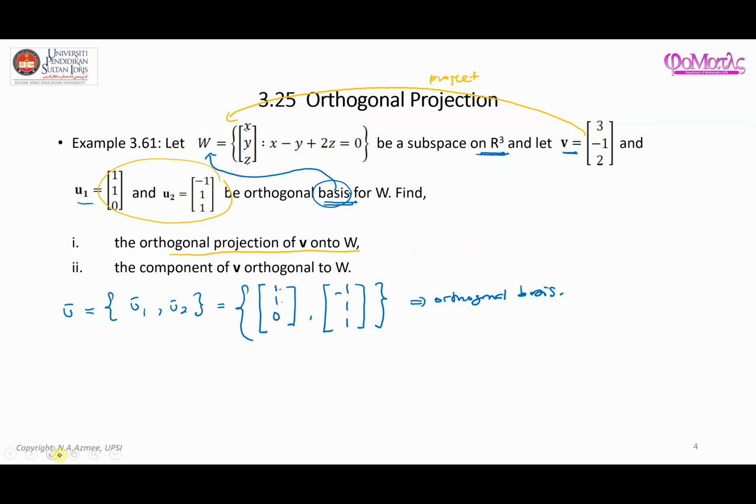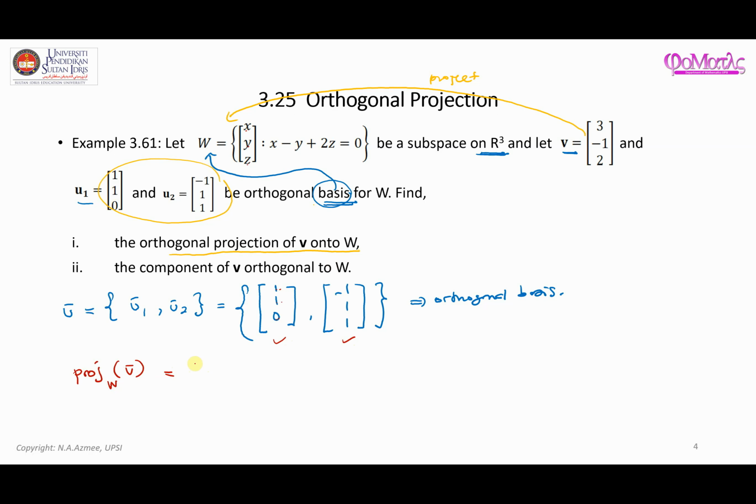Well, to find the orthogonal projection, the formula is, I'm just going to call this the projection of vector V onto W. Because W is the subspace and we have this orthogonal basis, we're going to do it one by one.